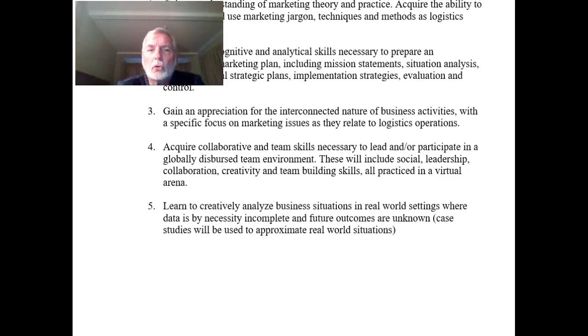And then finally, learning to analyze business situations in the real world. Basically, this course, and you've perhaps had other courses like this, has no right answers. We can develop a marketing plan to accomplish a certain goal, and another group of people might develop a different marketing plan to reach the same goal. Who's right? I can't tell you.